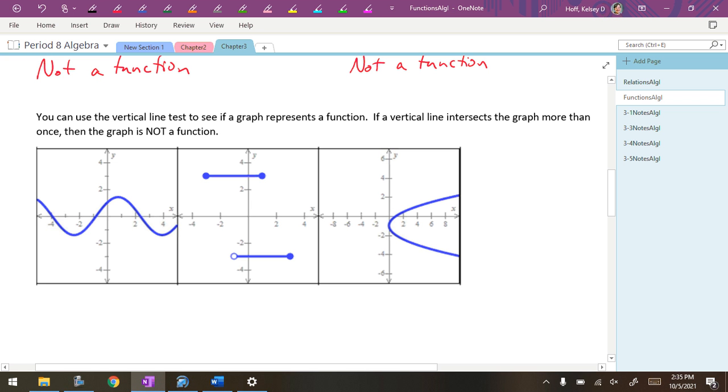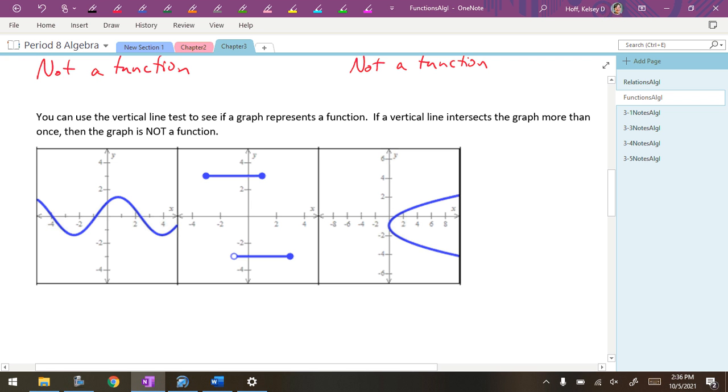I'm going to pretend that this yardstick is like your pencil, okay? All of you have a piece of paper laying on your desk, just like my projection screen. If you lay your pencil down flat, the vertical line test says if a vertical line intersects, what does intersects mean?